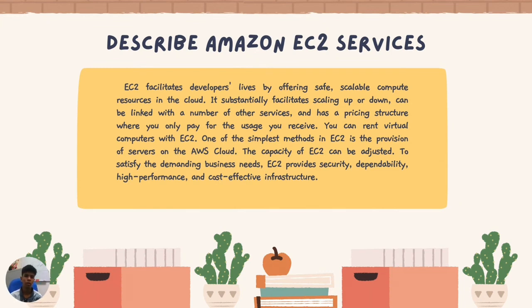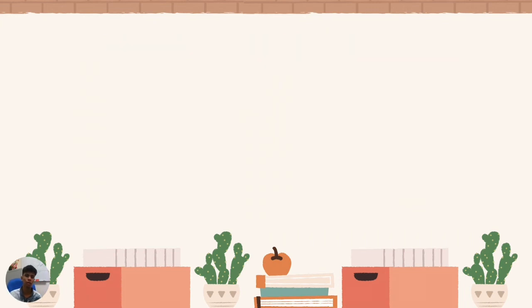You can run virtual computers with EC2. One of the simplest methods in EC2 is the provision of servers on the AWS cloud. The capacity of EC2 can be adjusted to satisfy demanding business needs. EC2 provides security, dependability, high performance, and cost-effective infrastructure.